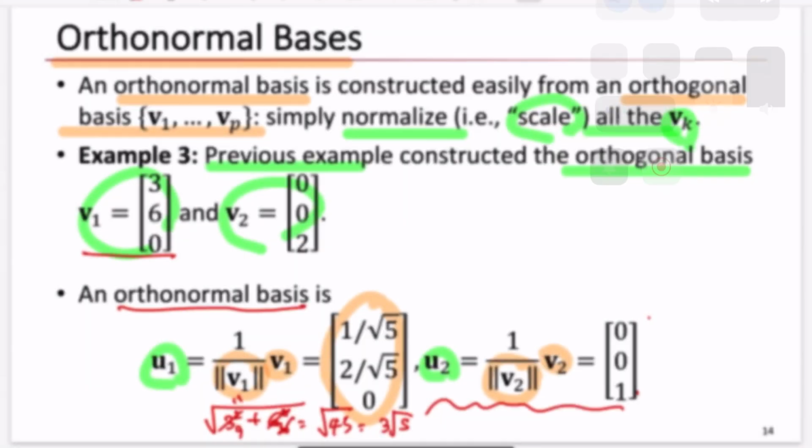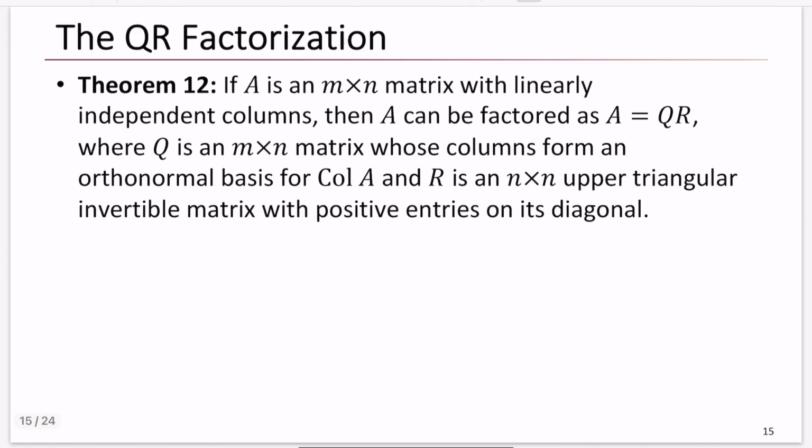Right? And okay. So then now we can derive QR factorization. In fact, QR factorization is a byproduct of the Gram-Schmidt process.